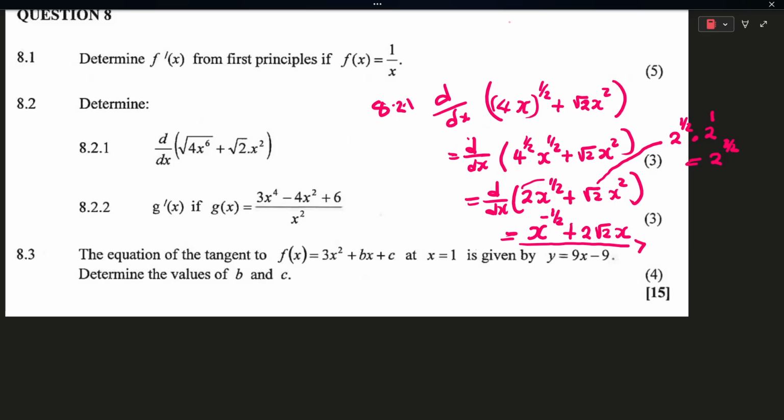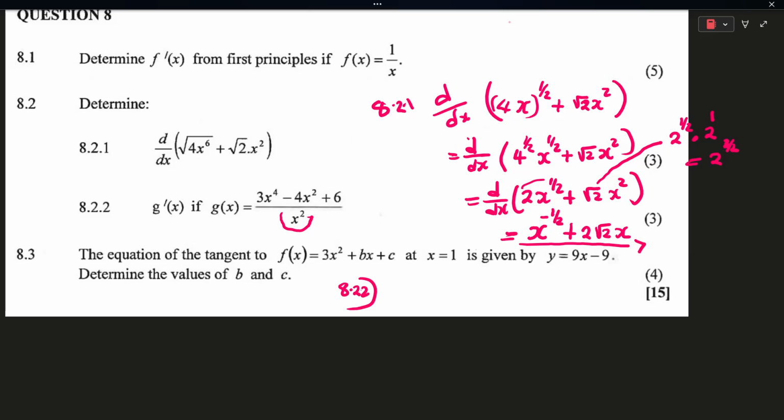All right, let's come to the next one, 8.2.2. Now, if ever we want to derive, if the denominator has two terms, it means you factorize the numerator.